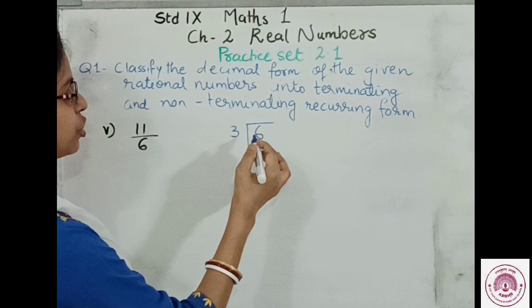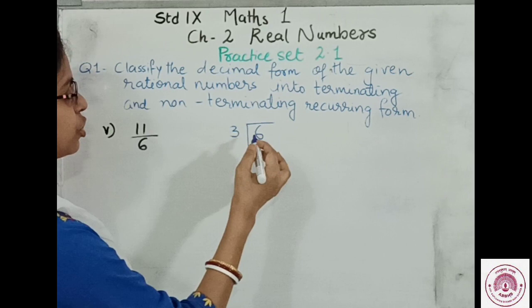How many times can we take? 200 times 6 is 1200, so let's take 6 times. Let's subtract. We get 70, and then we add another 0 to get 700.